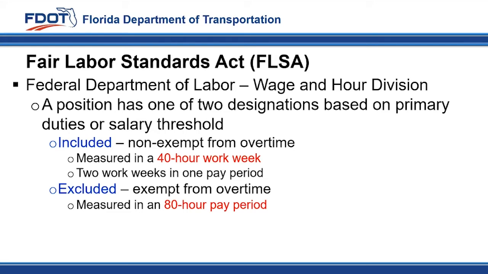FDOT included employees have two 40-hour work weeks in a pay period. The work week begins on Friday and ends on the following Thursday. The excluded FLSA designation means the position is not eligible for overtime pay.